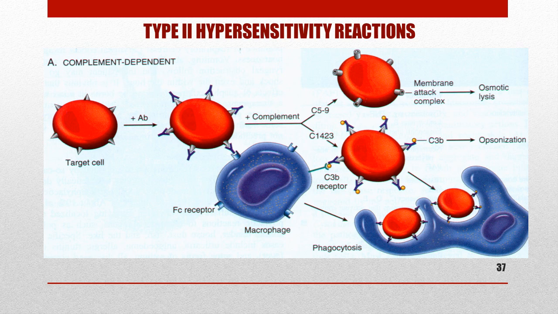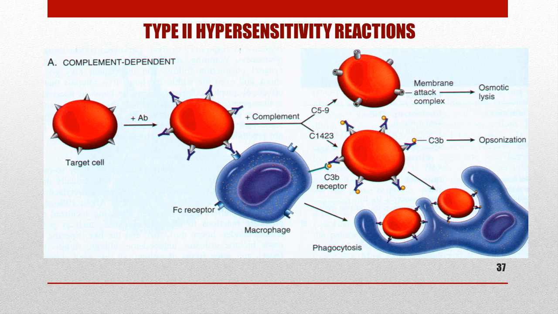Antibodies attack tissue antigen with formation of antigen plus antibody complex on the surface of cell membranes. Immunoglobulins G and M possess ability to fix and activate complement, and they function as opsonins.